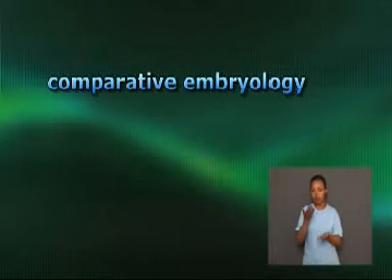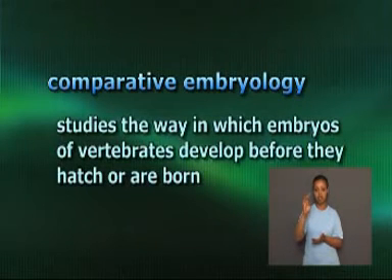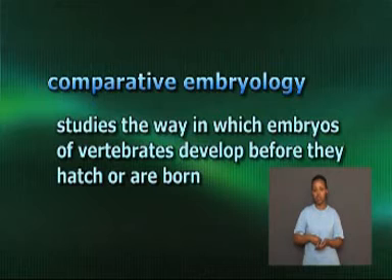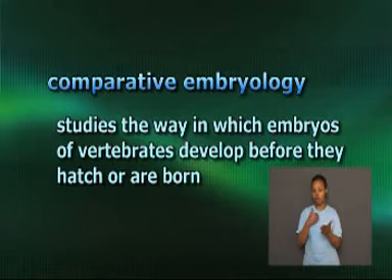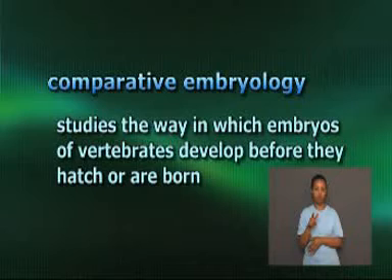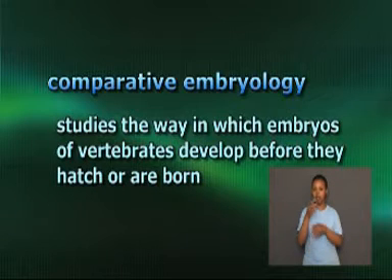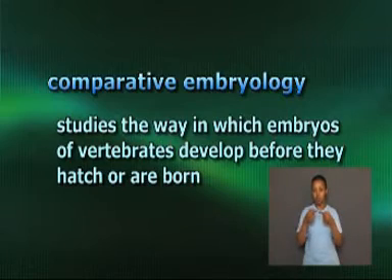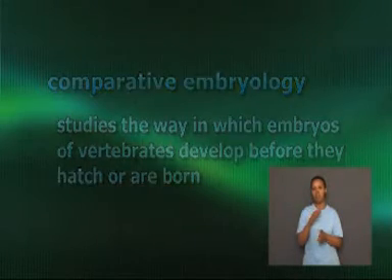Comparative embryology studies the way in which the embryos of vertebrates develop before they hatch or are born. Comparing the different embryonic stages of different animals is a tool that can be used to figure out relationships between species, providing evidence for biological evolution.